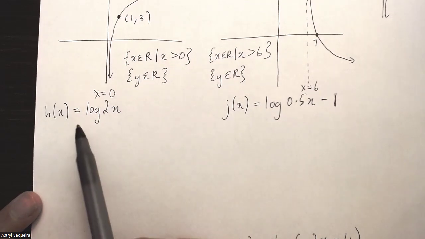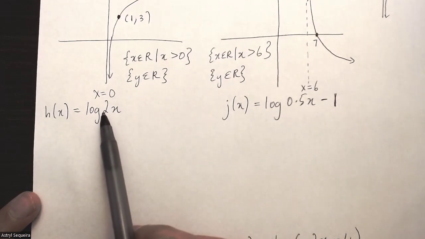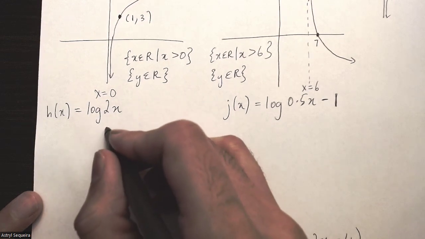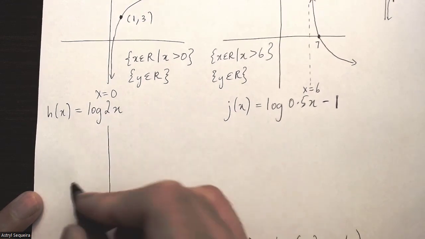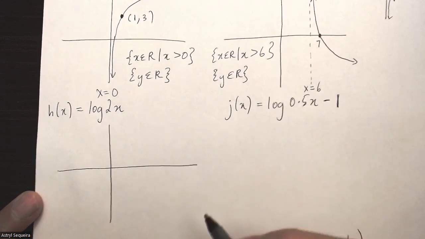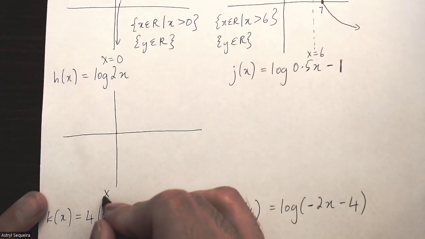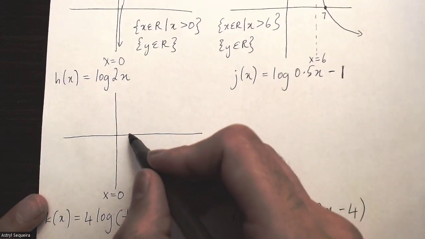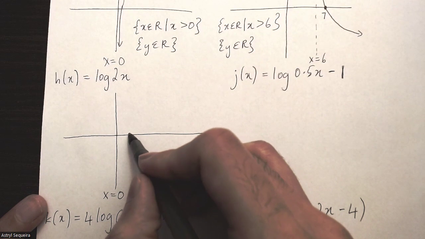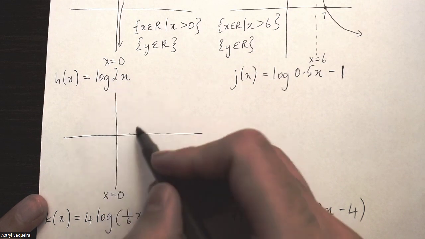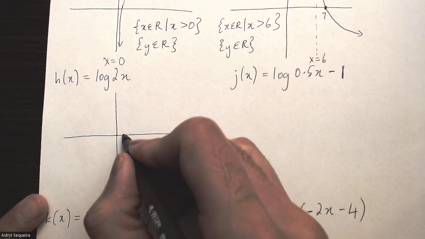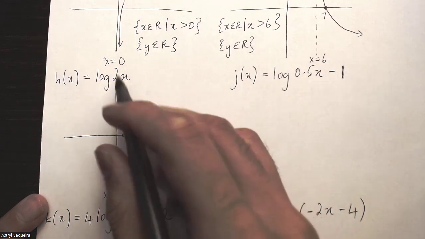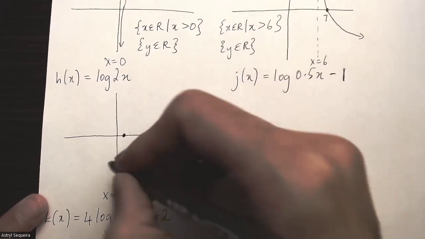Let's go to the third question over here. This question just has a horizontal compression by a factor of 2. That's the only transformation in this one. Horizontal stretches and compressions do not affect our vertical asymptote, so my vertical asymptote will stay at x equals 0. My point over here is at (1, 0). If I compress it by a factor of 2, it moves to (1/2, 0), because 1 divided by 2 is a half.